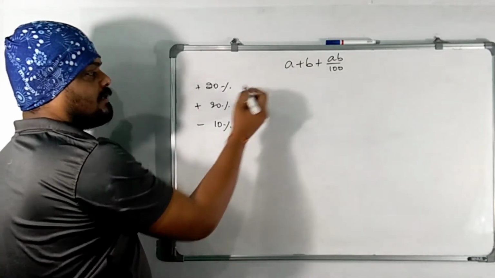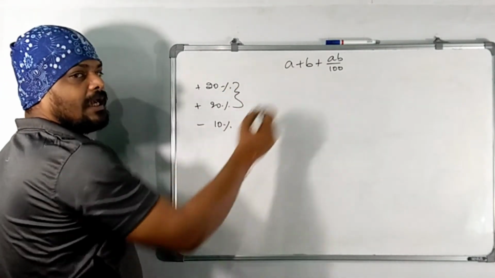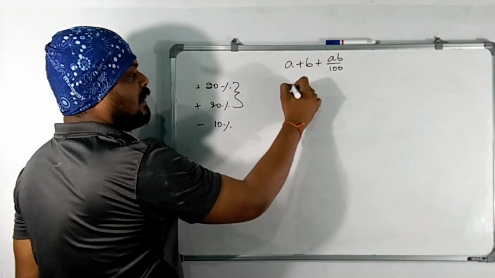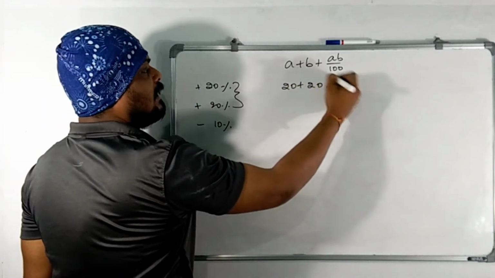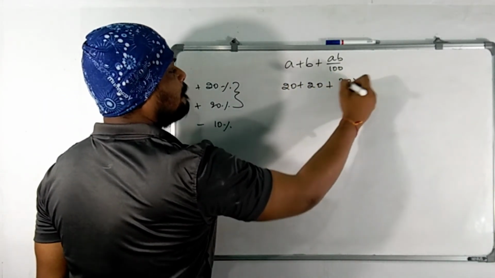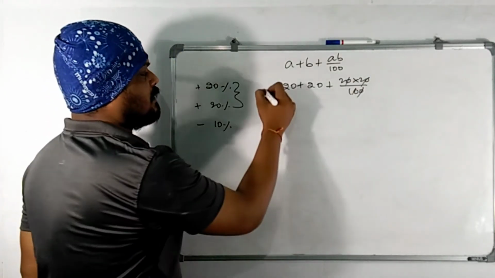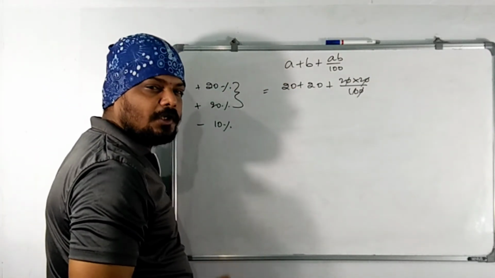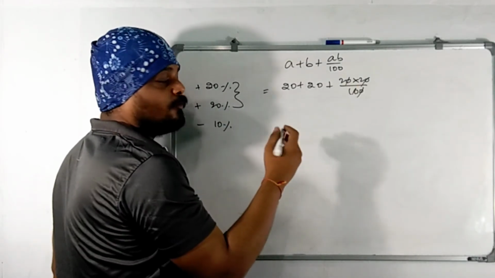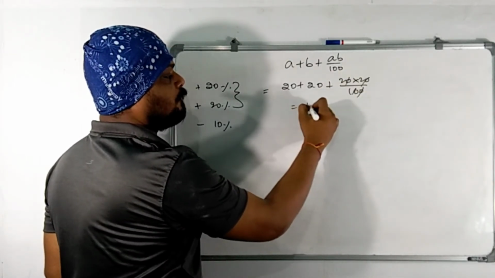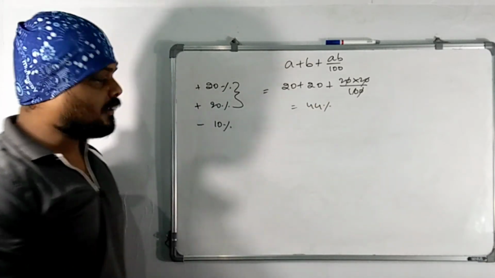So as a first condition, I will take these two as a and b. So I am considering a as 20 and b as 20. By calculating, 20 plus 20 is 40, and 20 into 20 upon 100 is 4, so 40 plus 4 is 44%.